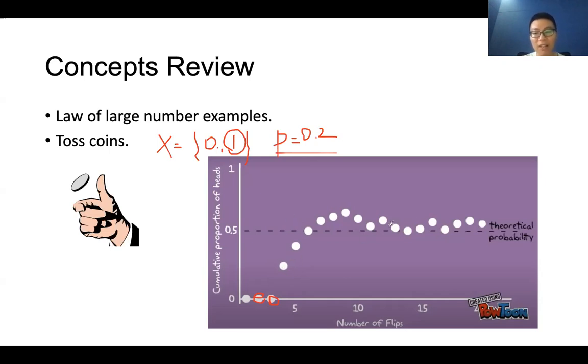And if you toss maybe 20 times in this example, or you toss it 100 times, you know that if the coin is fair, p should be equal to 1/2, right? Because if the coin is fair, you should have a 50% probability that the coin is either tail or head.